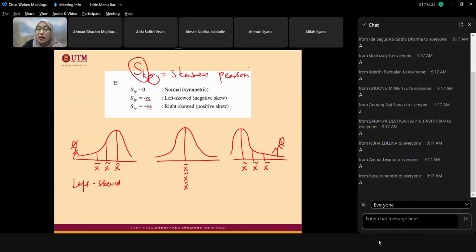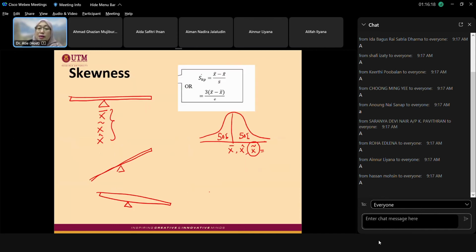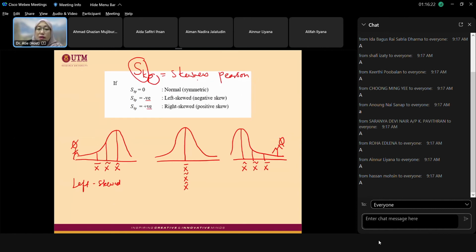Pearson is a mathematician who introduced this skewness formula, a very well-known mathematician. If you calculate using this formula and your answer is close to zero, then we can conclude that the data has a normal distribution, right?